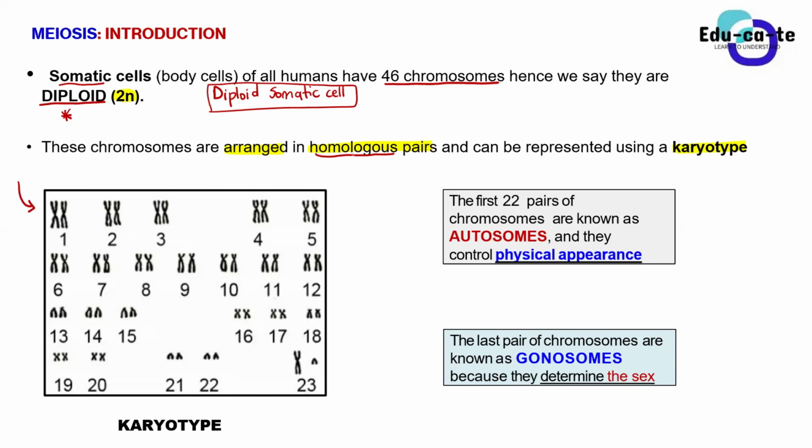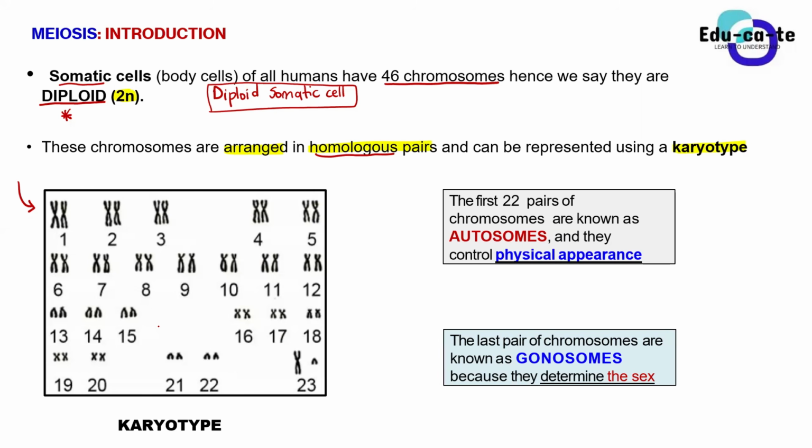But basically, a karyotype is a diagram that shows you the number of the chromosomes as well as their arrangement in the body cell of a certain organism. So this diagram is the karyotype of a human being.